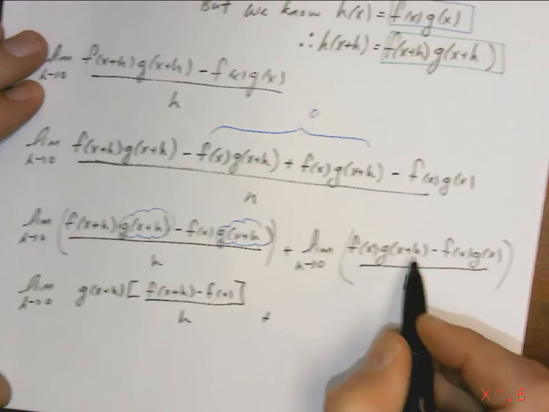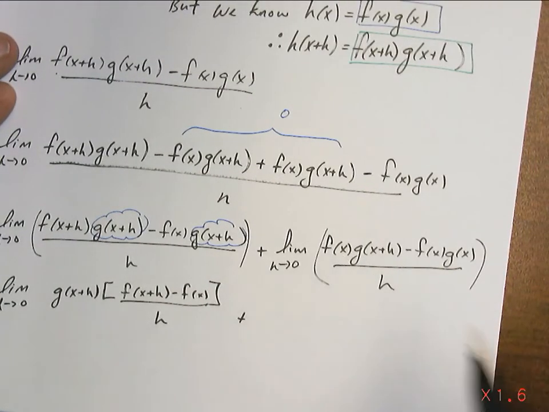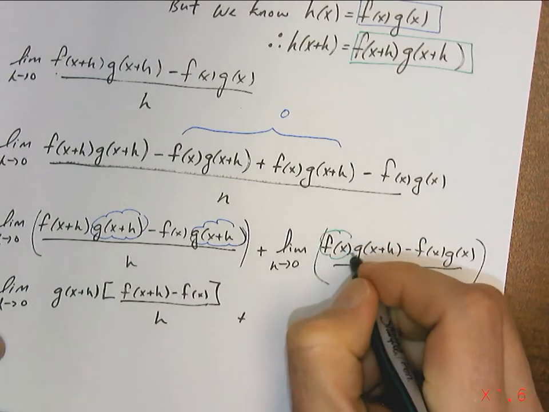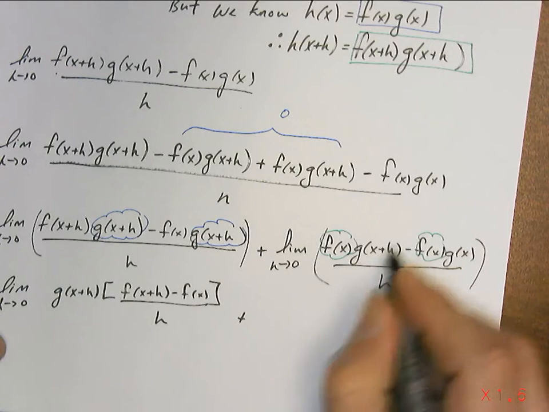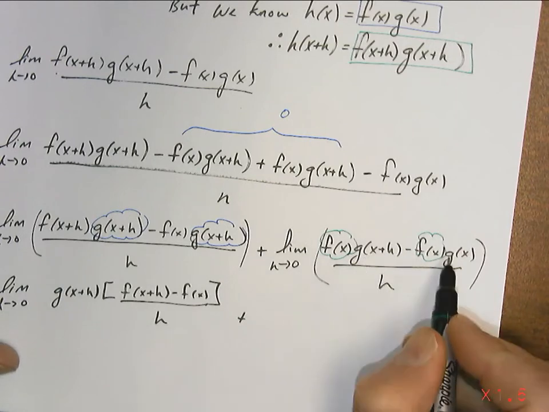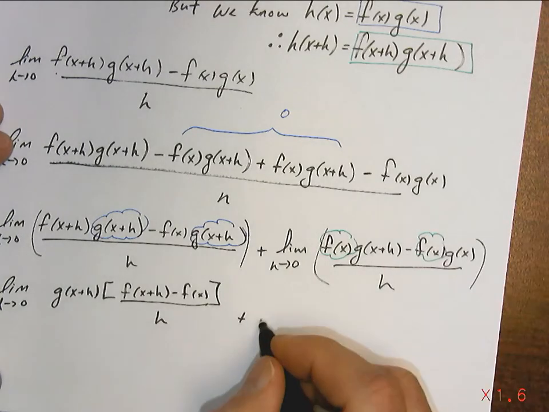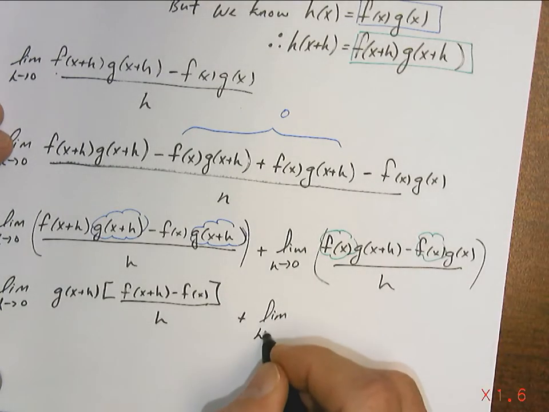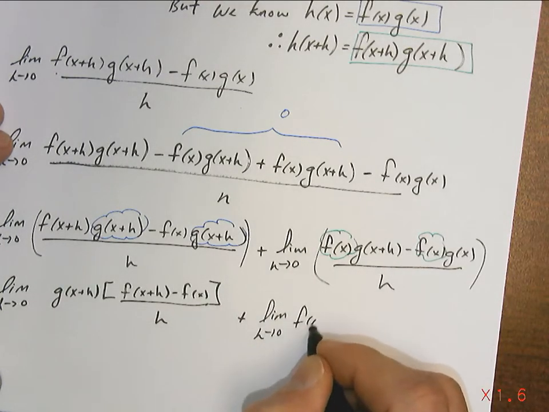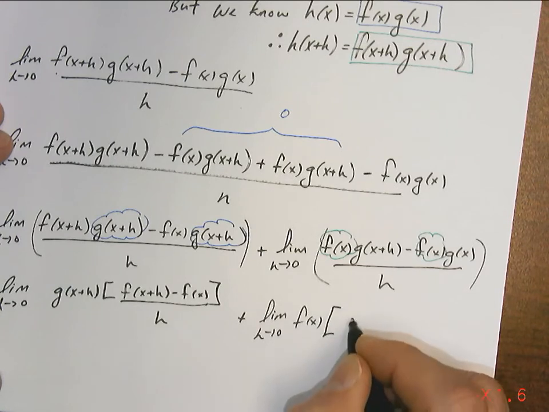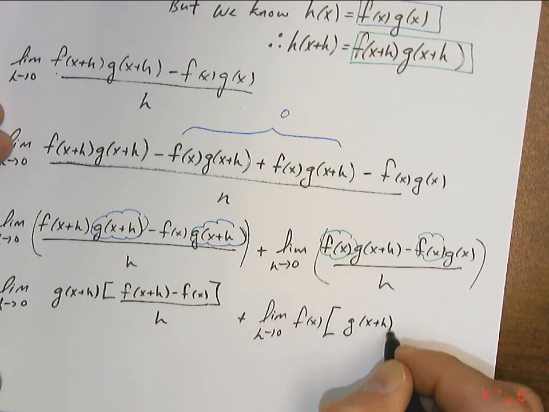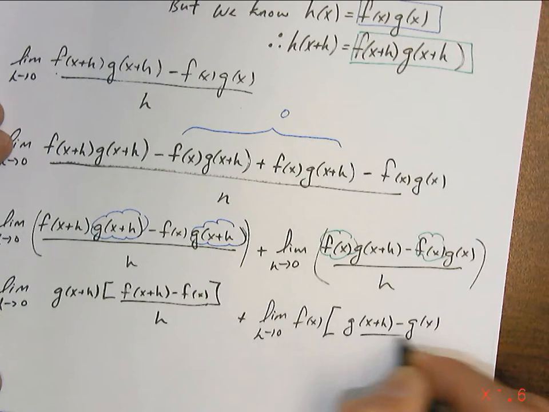Plus, do you see this f of x? It's the f of x I'm going to factor out this time. And it just gives me tingles down my spine to think about that, because that'll leave me with a g of x plus h minus g of x. So that's going to give me the limit as h approaches 0 of f of x with a g of x plus h minus g of x over h.